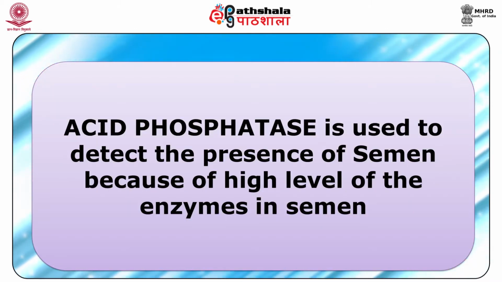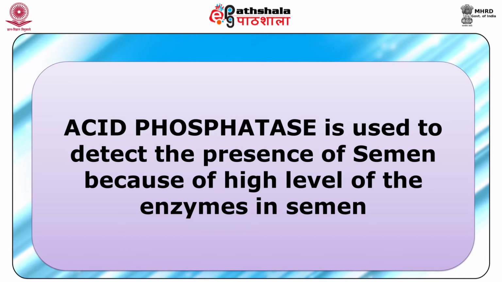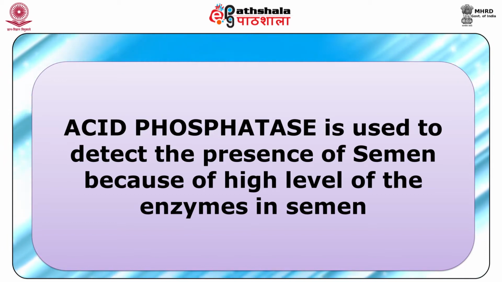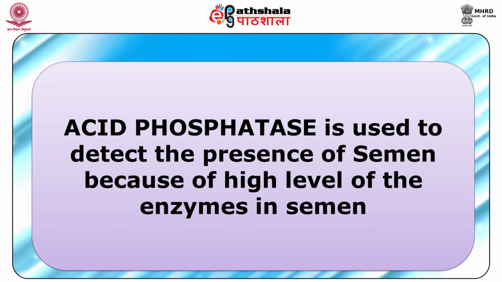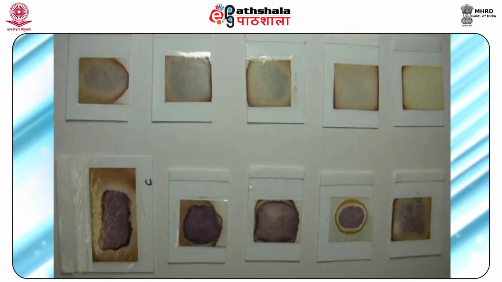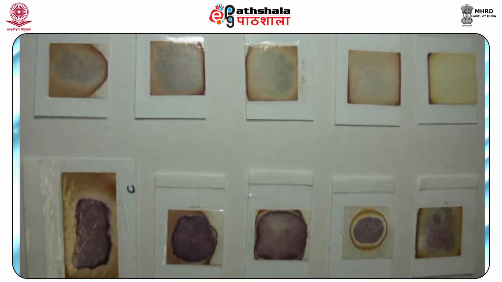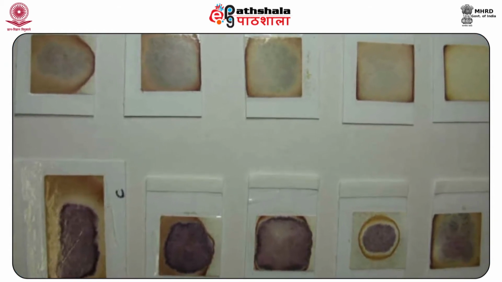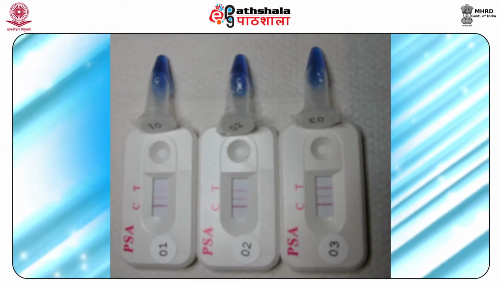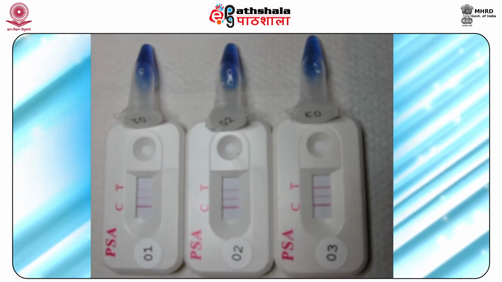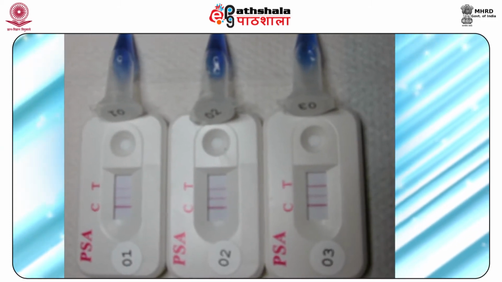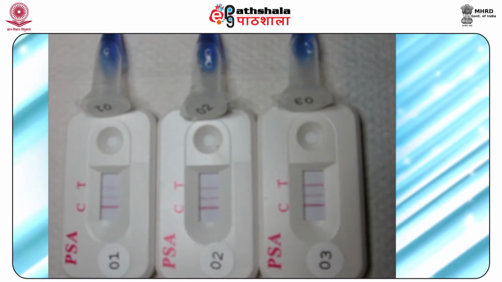The acid phosphatase test is one of the most common methods used to detect the presence of semen due to the high level of enzyme in human semen. However, acid phosphatase is present elsewhere in the body, meaning the test may react positively with other bodily fluids. Therefore, this should only be used as a presumptive test for semen.